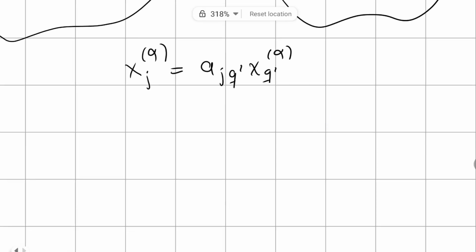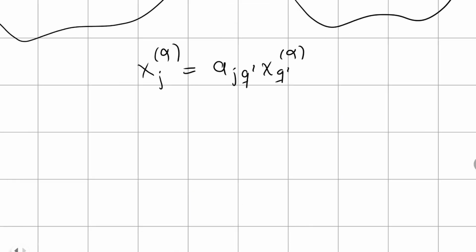Another relation that we showed in previous lessons is that a dot ki prime is equal to the Levi-Civita tensor epsilon_ijs omega_s a_kj prime.